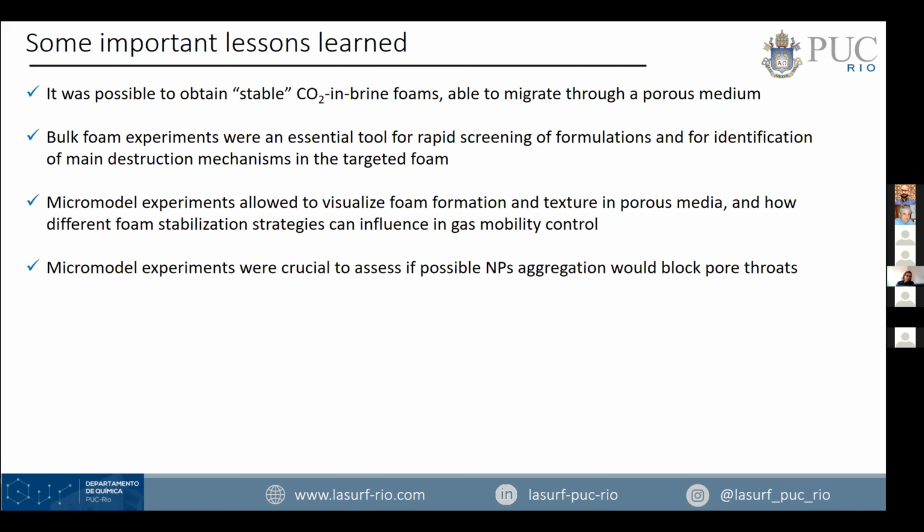The bulk foam experiments were essential for rapid screening and formulation, even emphasizing the importance of using high pressure for these experiments to have an actual result, and to identify the main destruction mechanisms for the target foam, in this case with both CO2 and nitrogen used as gas.